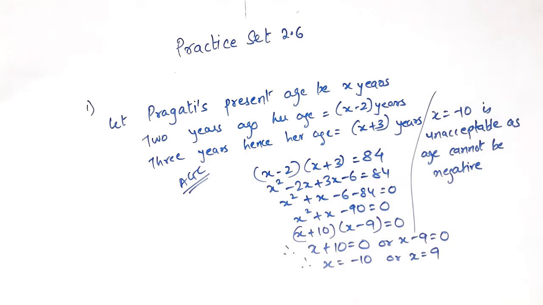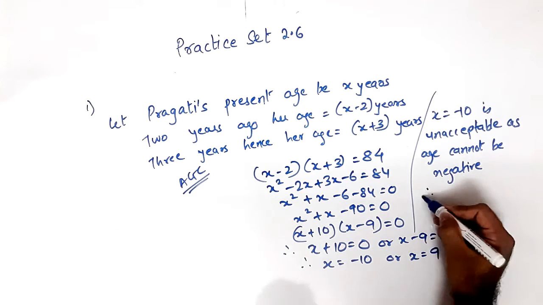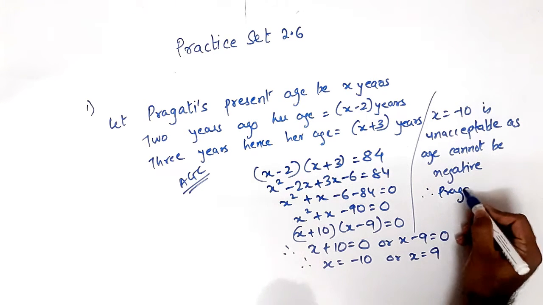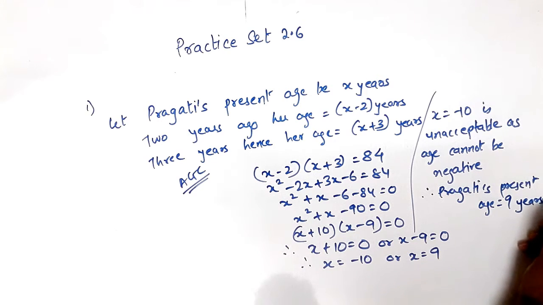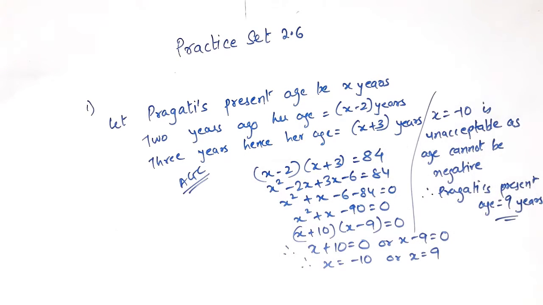Okay, age cannot be negative. Therefore, Pragati's present age equals 9 years. Okay, this is how we'll do the first one.